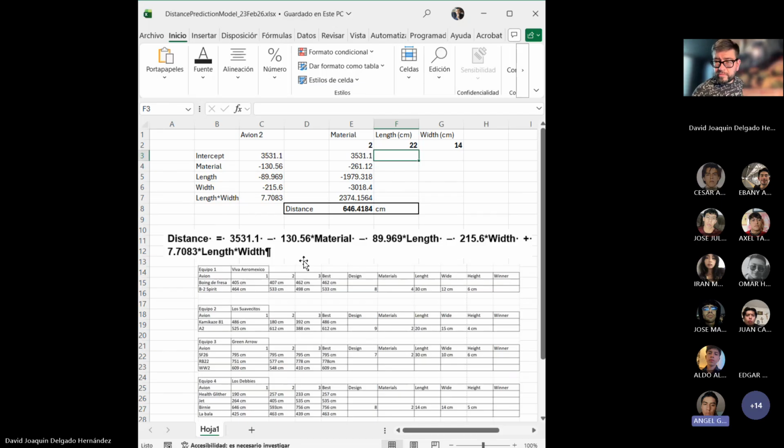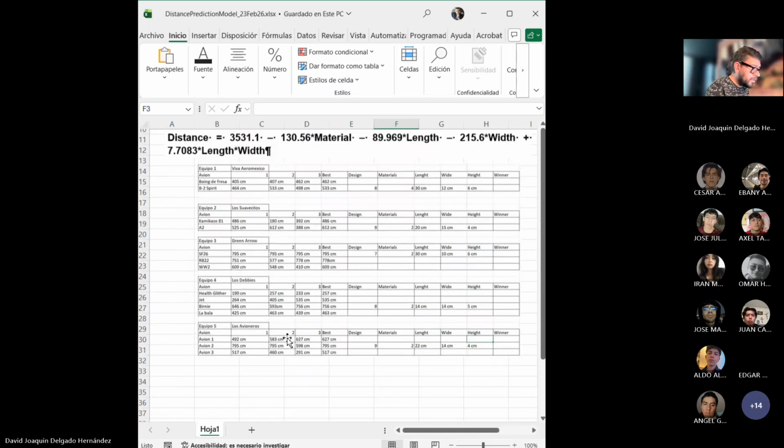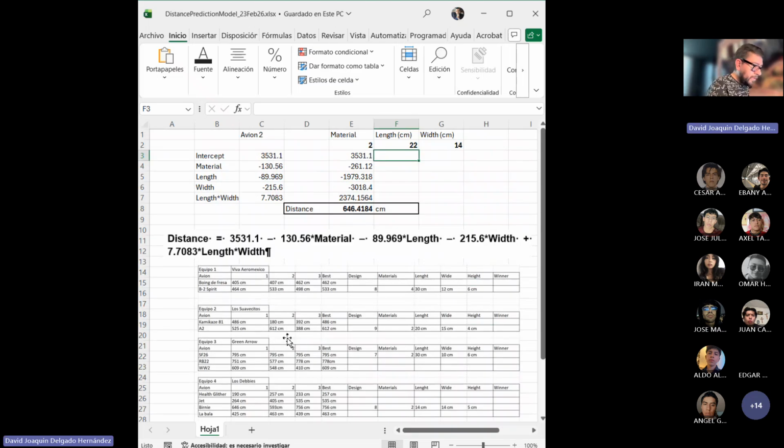Teacher, I have a question. Yes, please. Go ahead. Do we need to use the part that says length raised to and y raised to as well? Let me see. We are going to do it here.